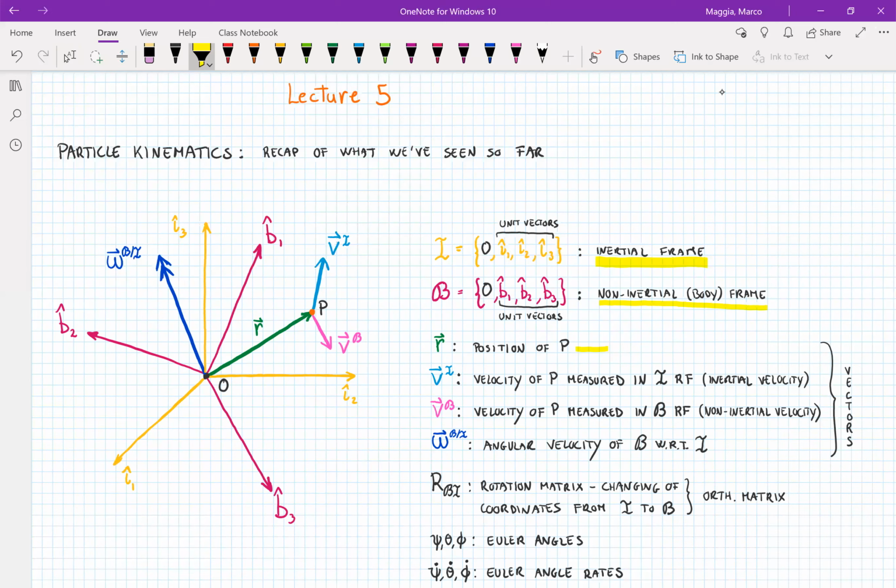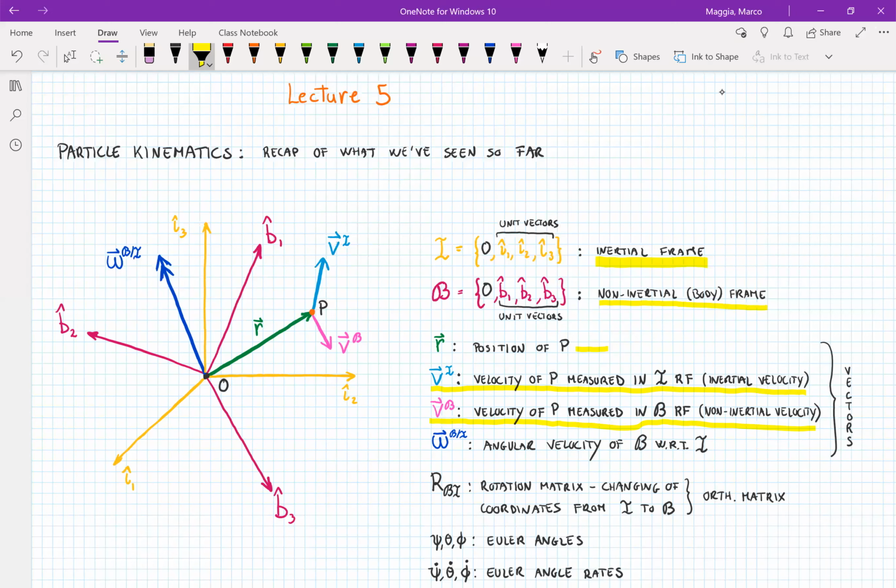Now, the position vector connects the origin of the reference frames with the particle P. And now the particle P, we have two velocities that describe the rate of change of position of P, and that depends whether we are referring to the inertial frame of reference, so we're going to have the inertial velocity, VI, or VB, the velocity with respect to the non-inertial frame of reference.